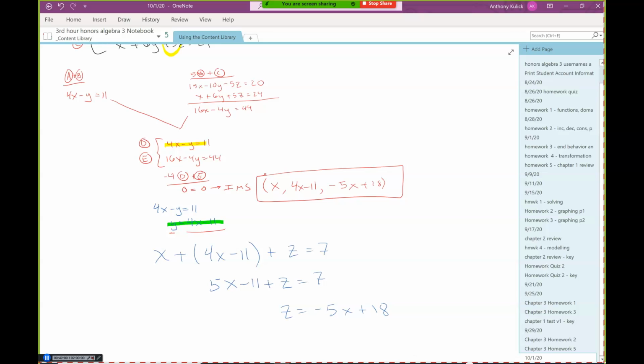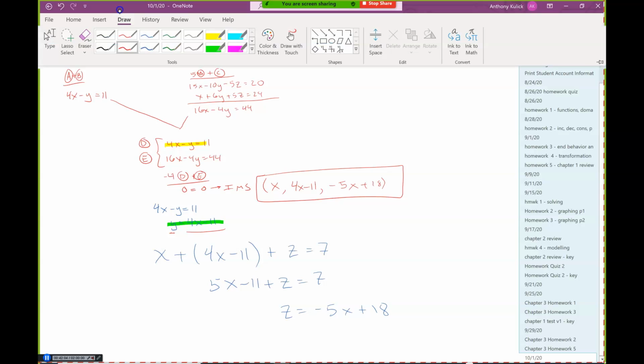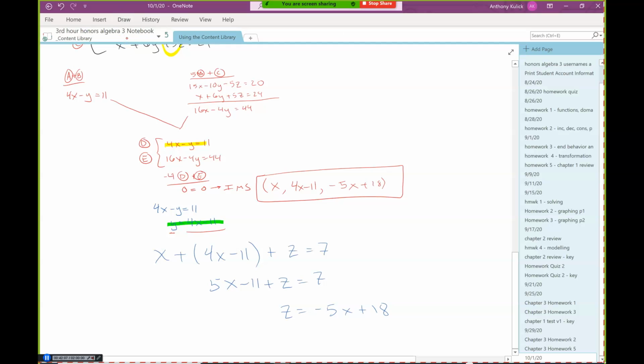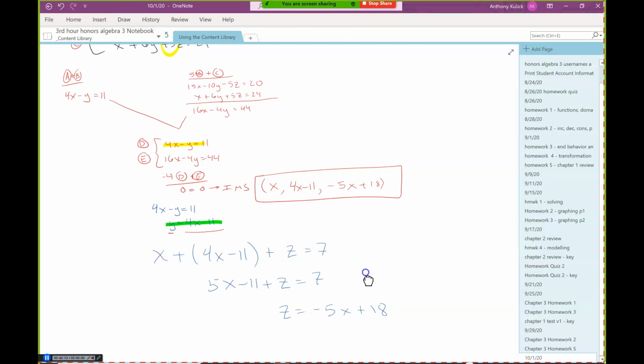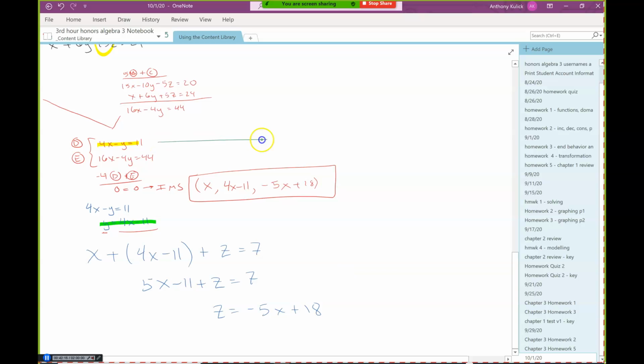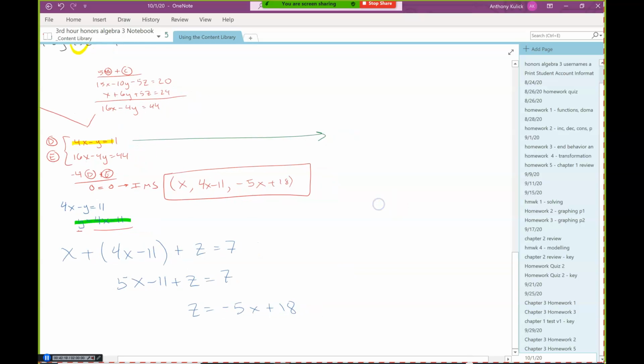Now keep in mind, depending on your choices, you could have had a different answer for this that would be totally acceptable, right? For example, if instead of getting the y by itself, we had gotten the x by itself, we would have had x equals 1/4 y plus 11/4.